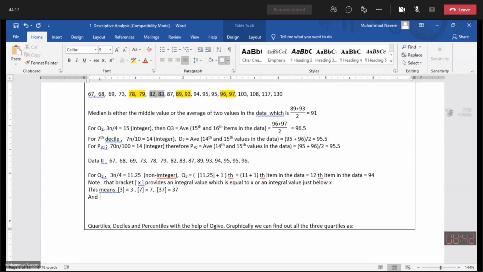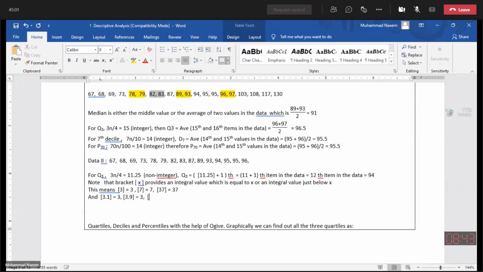But if it is not an integer, let's say 3.1, it will provide an integral value just below this point, even for 3.9. As 3.9 is non-integer and we apply the bracket function to this value, this will give us an integral value just below 3.9, which is again 3.